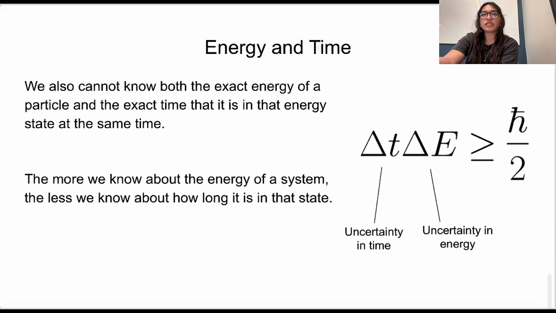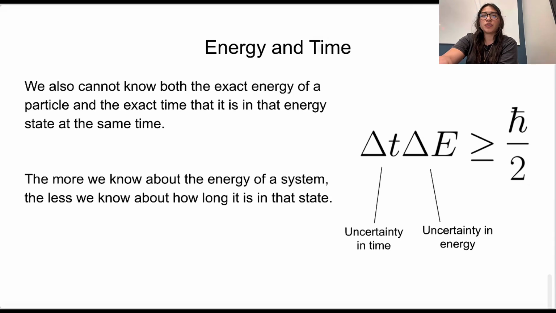If a molecule stays in an excited state for only a short time, delta T is going to be small. Then there is greater uncertainty in its energy, so delta E will be large. This is why very short-lived excited states like fluorescence or chemical intermediates have broad energy bands in spectroscopy.